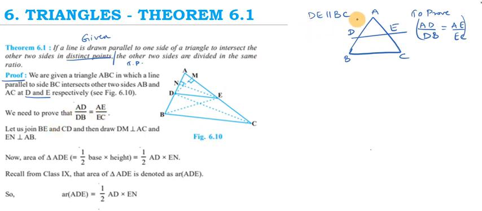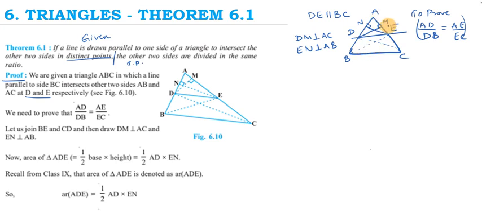In order to prove this, we join B and E, and we join C and D. Likewise, we draw a line DM which is perpendicular to AC, and a line EN which is perpendicular to AB.